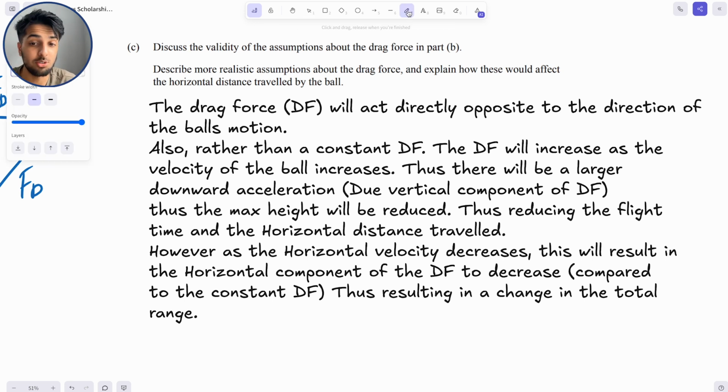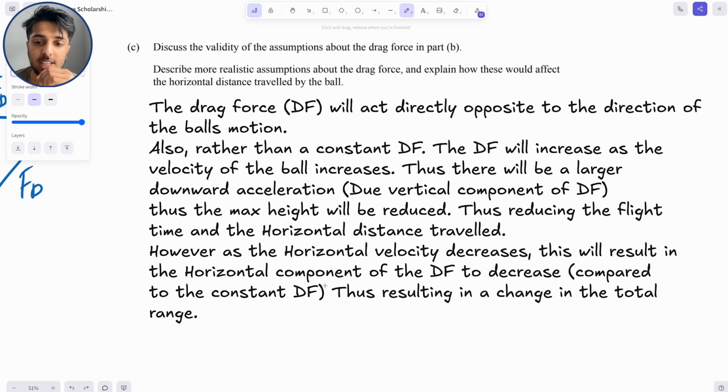However, as the horizontal velocity decreases, this will result in the horizontal component of the drag force decreasing, compared to a constant drag force. Thus, this may result in a change in the total range. The reason why we say change rather than increase or decrease is because there are conflicting elements here. We are saying that the horizontal distance is decreased, right?